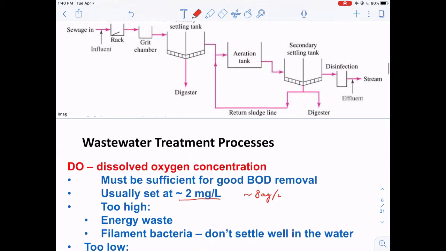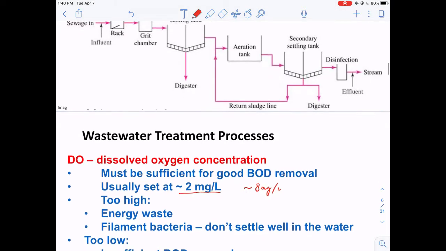There are also some other parameters limiting the concentration of dissolved oxygen. We cannot make it too high, because then we need to bump a lot of oxygen or air into the aeration tank, and that's going to cause an energy waste. Typically people realize that 2 milligrams per liter is already enough for these microorganisms to grow and consume the organics in the water.